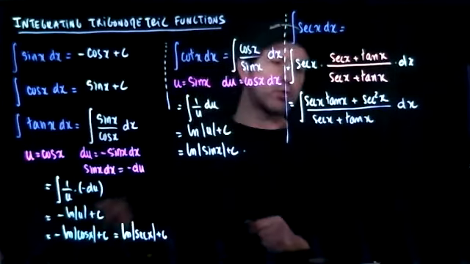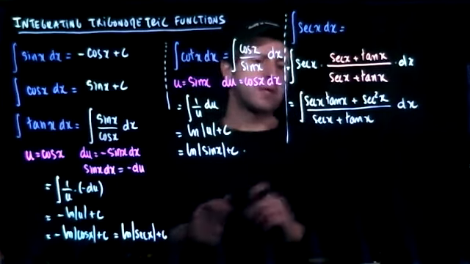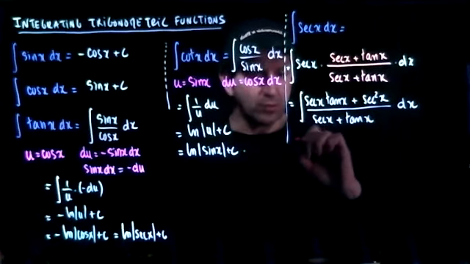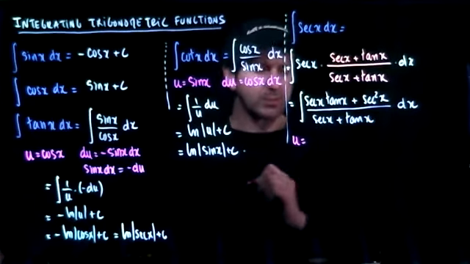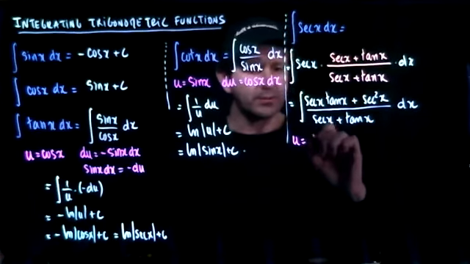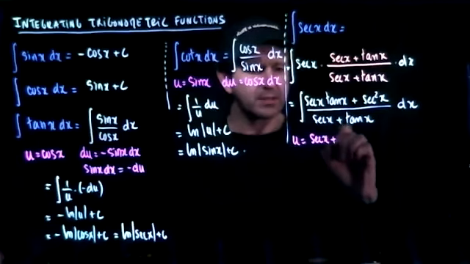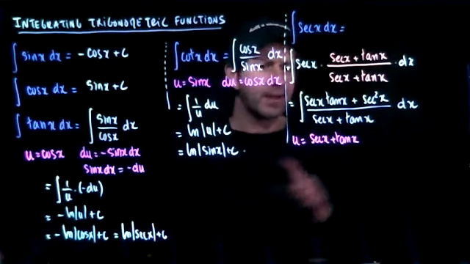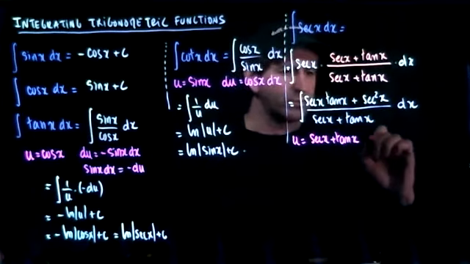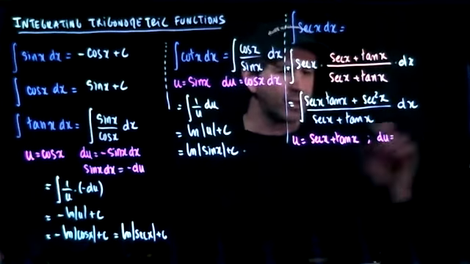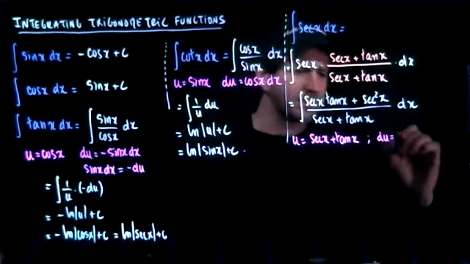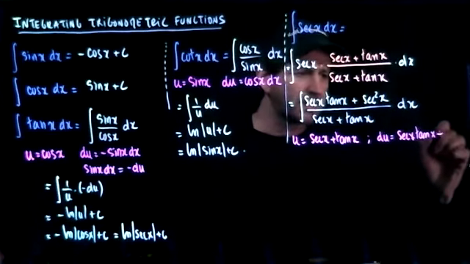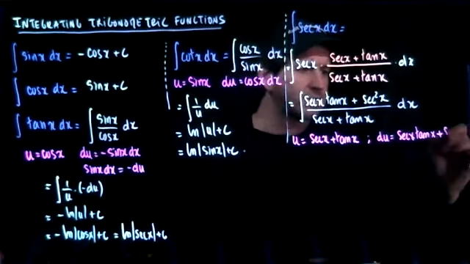Looks much more complicated than just secant, but it's much more useful now because I could do u as a substitution, all my denominator: secant x plus tan x. And if I do the derivative, du, the derivative of secant is secant x tan x, and the derivative of tan is secant squared.